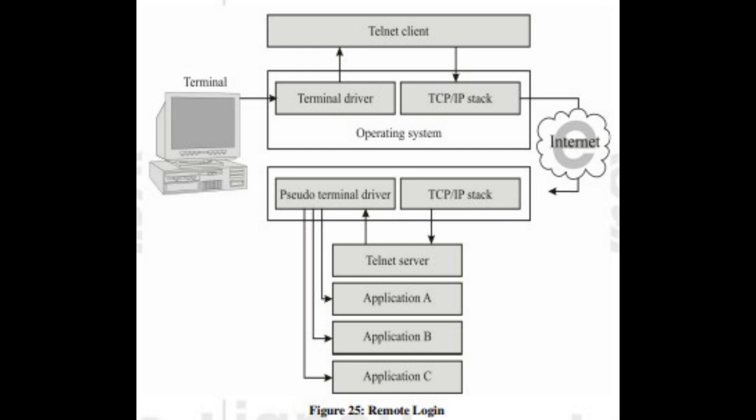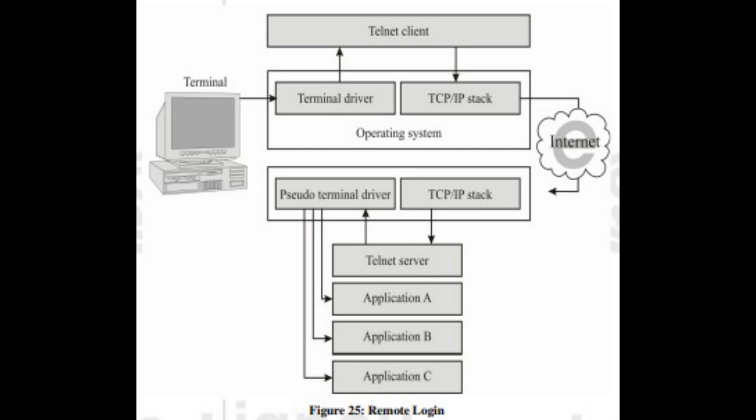The commands or text in NVT format travel through the Internet and arrive at the TCP/IP stack of the remote machine. The characters are delivered to the remote operating system and are passed to the Telnet server, which performs the mapping of NVT characters. However, they cannot be directly passed to the operating system because it is designed to receive characters from a terminal driver.